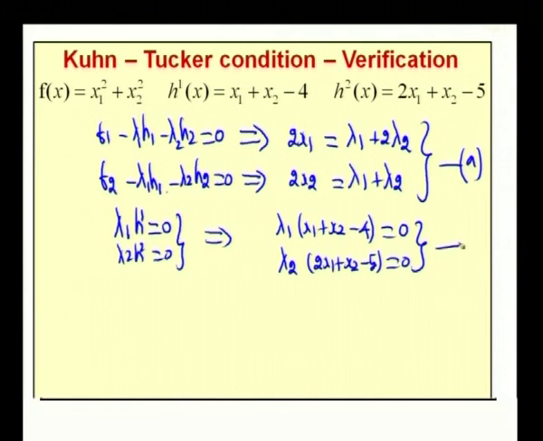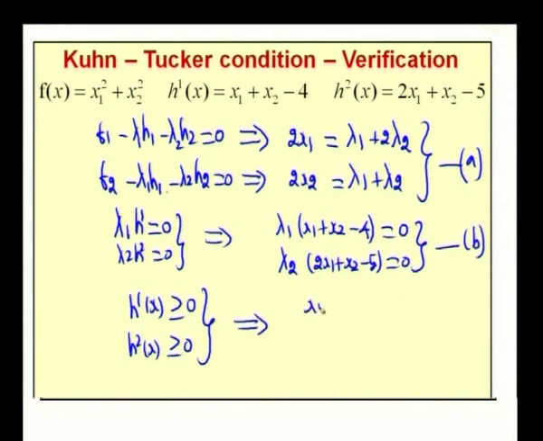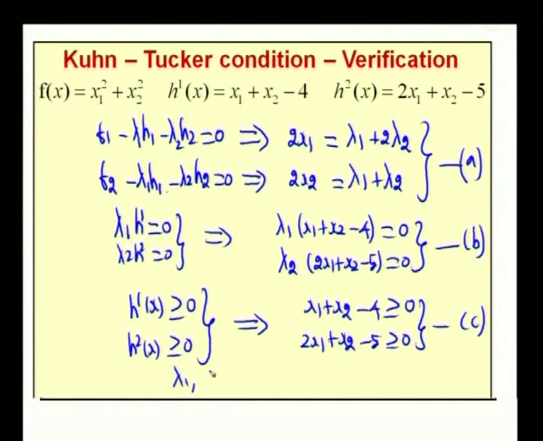These two equations will be named as B. The third condition is h1 of x greater than or equal to 0 and h2 of x greater than or equal to 0. These give us x1 plus x2 minus 4 greater than or equal to 0 and 2x1 plus x2 minus 5 greater than or equal to 0. We name it as equation C. Of course, lambda 1 and lambda 2, the Lagrangian multipliers, are non-negative.